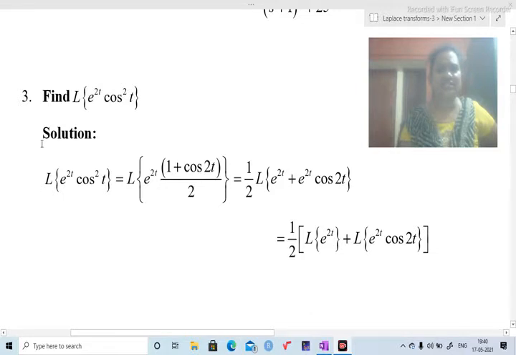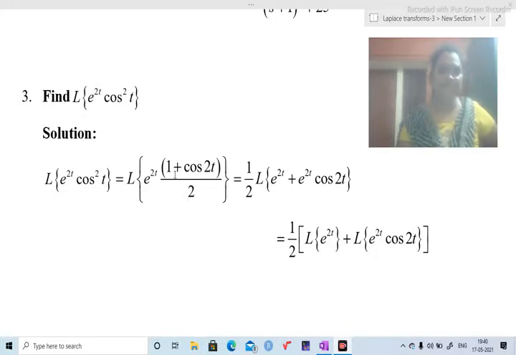Next question. Find Laplace transform of e power 2t into cos square t. Solution. L of e power 2t into cos square t equal to L of e power 2t into the value of cos square t, that is 1 plus cos 2t by 2.